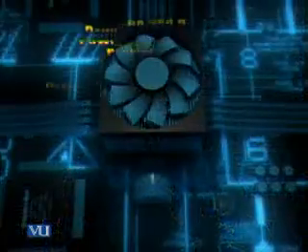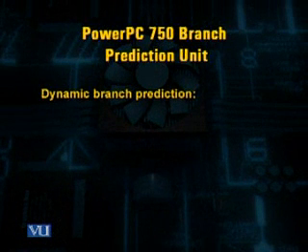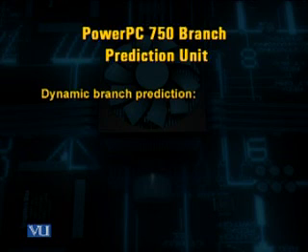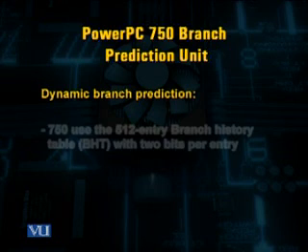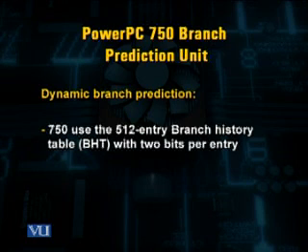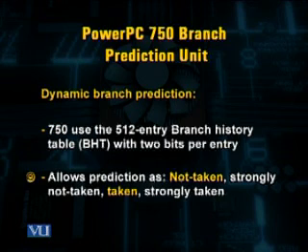Now let us see how the PowerPC 750 deals with the dynamic branch prediction. For dynamic branch predictions, the PowerPC 750 uses 512 entry branch history table with 2 bits per entry, and it allows prediction as not taken, strongly not taken, taken, and strongly taken.